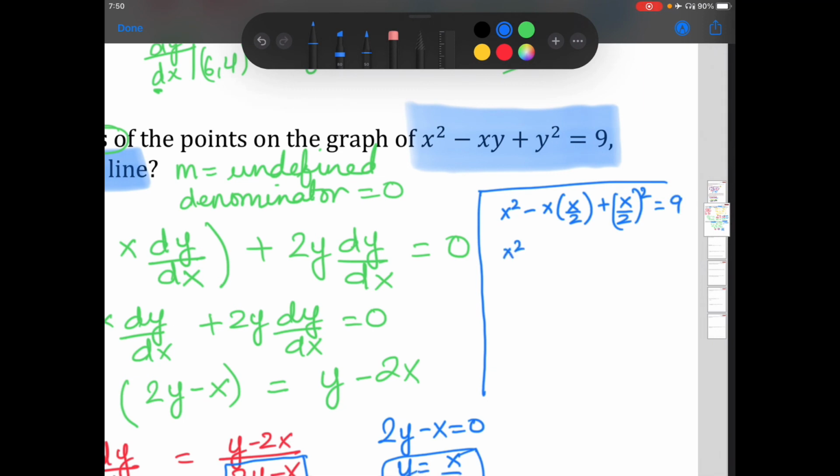So this is going to be x squared minus x squared over 2 plus x squared over 4. And if you simplify this, I'm going to multiply the whole thing by 4, or you can just add fractions, whatever you feel. And what do I get? I get 4x squared minus 2x squared plus x squared equals 36.